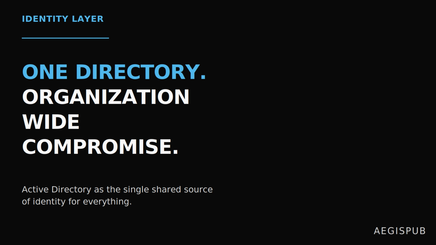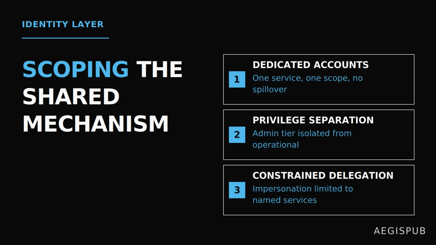The design response at the identity layer is not to eliminate the shared directory. Eliminating centralized identity management would introduce worse problems, but to implement boundaries within it and to minimize what the shared components can reach. Dedicated service accounts that are scoped to a single service and cannot authenticate to anything else mean that compromising one service's account does not grant the attacker credentials that work against other services.